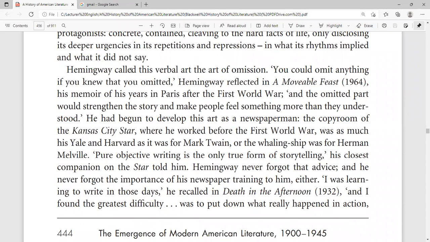Here we are reading, Hemingway called this verbal art the art of omission. That is, removing useless words, editing. We can see his great work, The Old Man and the Sea. That's the best example of a precise novel. You could omit anything if you knew that you omitted.